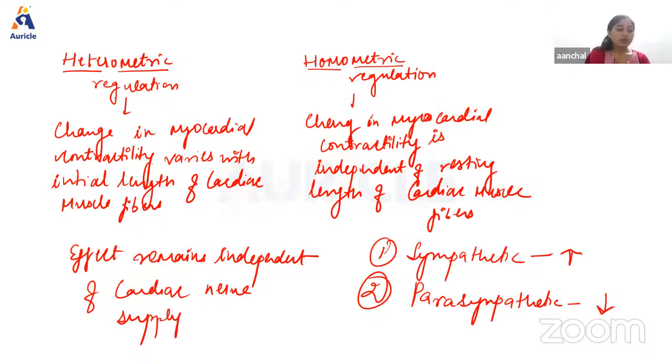Now, one more thing: what are the factors that are responsible for affecting the myocardial contractility? Myocardial contractility gets increased by the catecholamines.